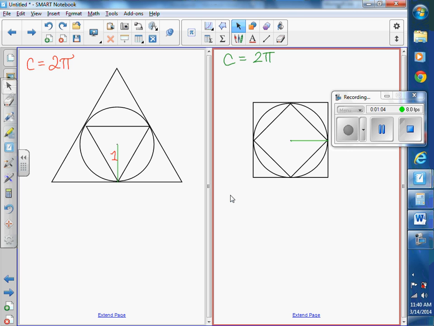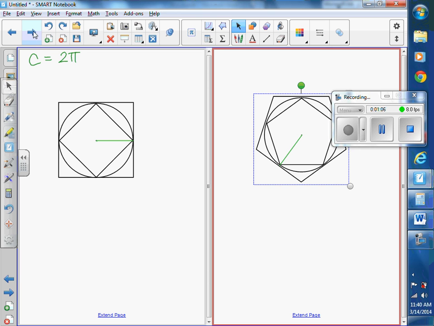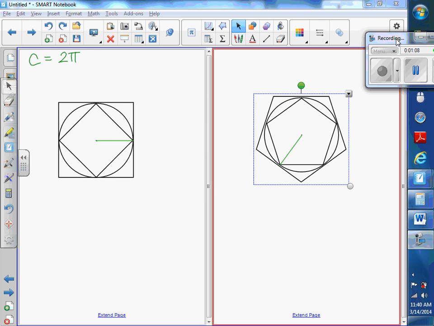As you add more sides, the hexagon or the pentagon is more circular, so the perimeter is going to have a closer value to 2 pi, but the inside one's an underestimate, and the outside one's an overestimate.